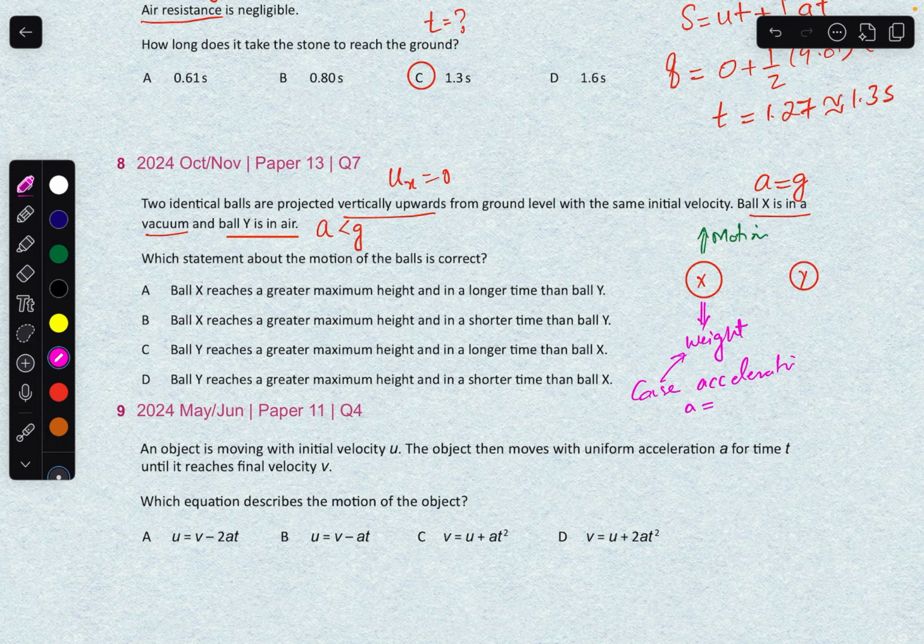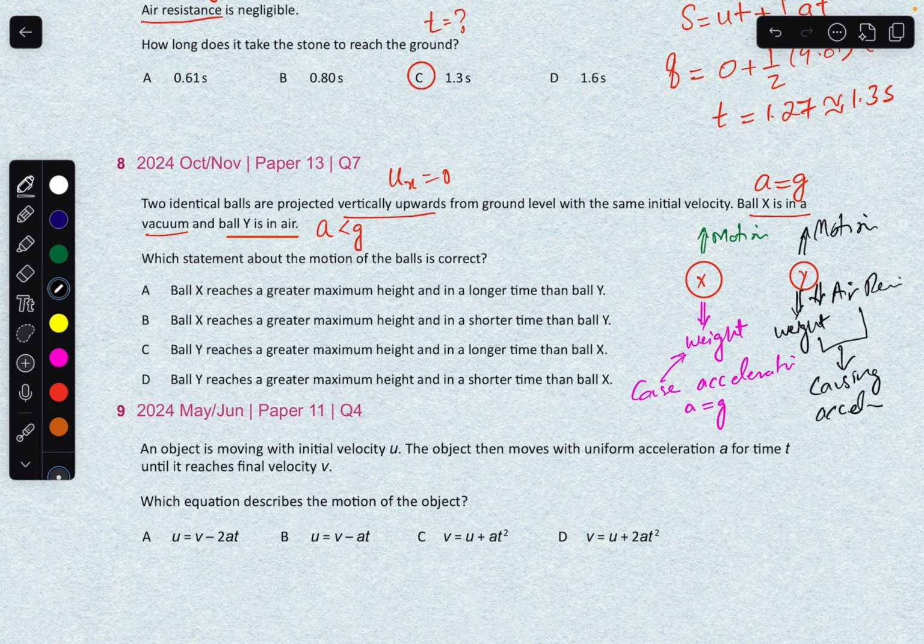That is why a is equal to g. But if you look at the scenario of Y, there is one force acting downward, its weight. It's also moving up, the motion is up, so there will be another force, that is air resistance. So there are two forces because of which acceleration is caused.